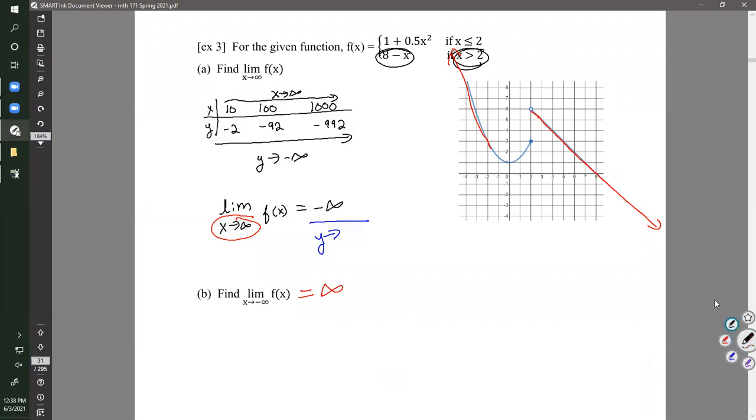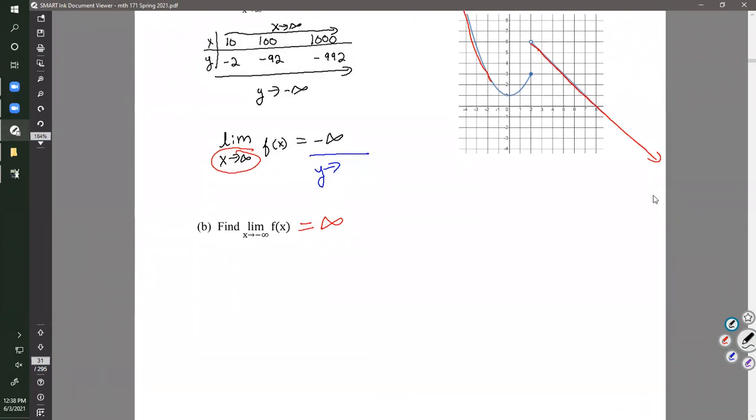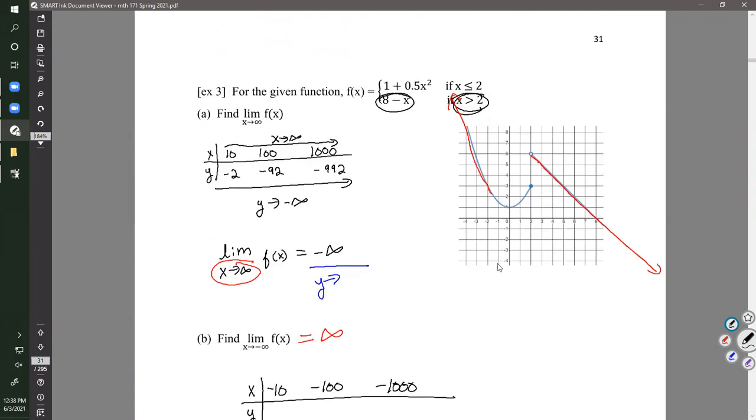And then if I wanted to do this algebraically, because your teacher's mean and she said you had to do this algebraically on a test, I'd make a t-chart. And I'd probably do -10, -100, -1,000. But if your teacher was mean and didn't give you a graph, you'd have to figure out which one of these to plug it into.